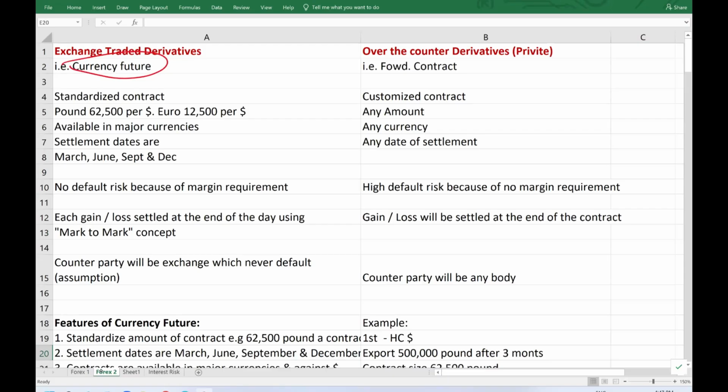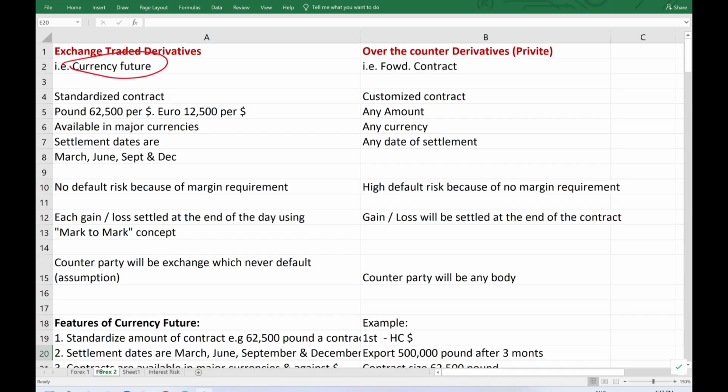For my requirement, I go to the bank and tell them I am going to hedge this amount in that much time, so give me the rate. So the FRA, the forward contract, is a private contract between you and the bank. But the currency future is a contract between you and the forex exchange.